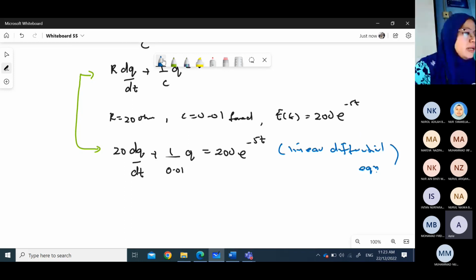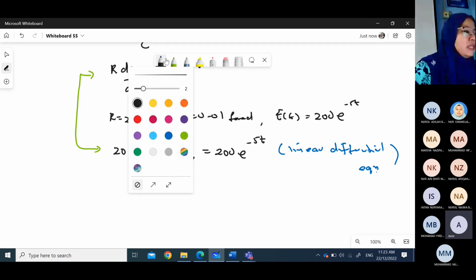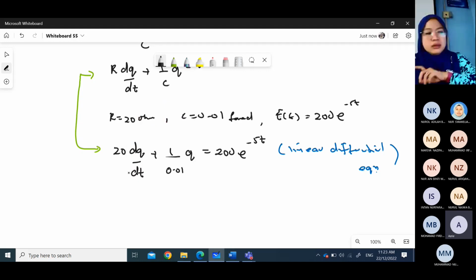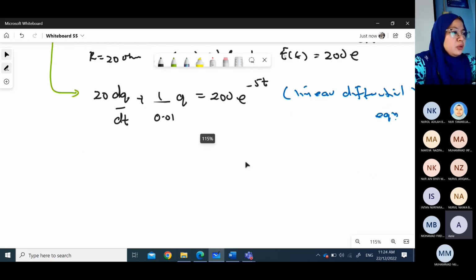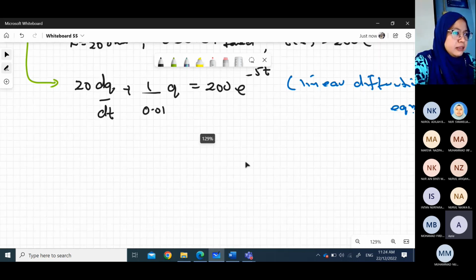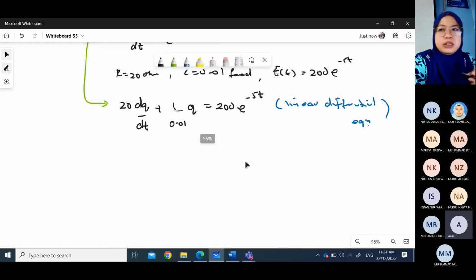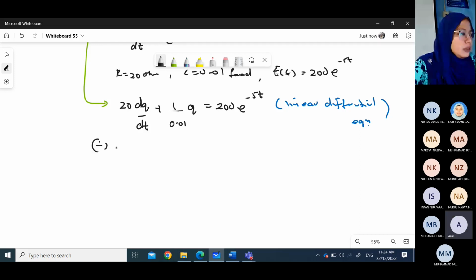Okay, so next, the coefficient for dq dt, we need to make it as a 1. So bila diadakan ada 1, so we need to divide all the terms by 20. Kita jadikan coefficient bagi dq dt as a 1. Okay, so next step, we divide all the terms by 20.